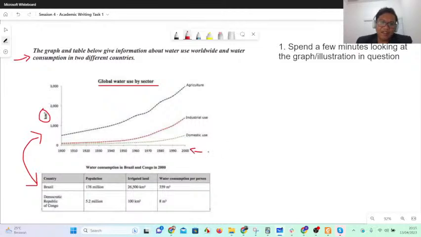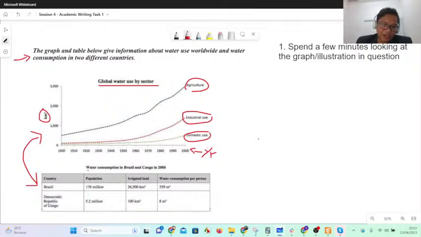It doesn't say year, but that's obviously a year. And then what is actually on the chart are three sectors. The first one is agriculture, the second one is industrial use, and the third one is domestic. Now that I've taken a clear look at the first chart, let's move on to the second chart.